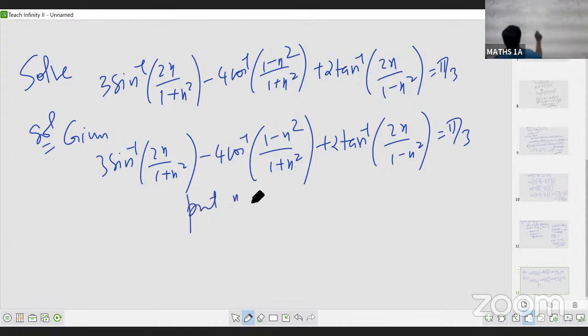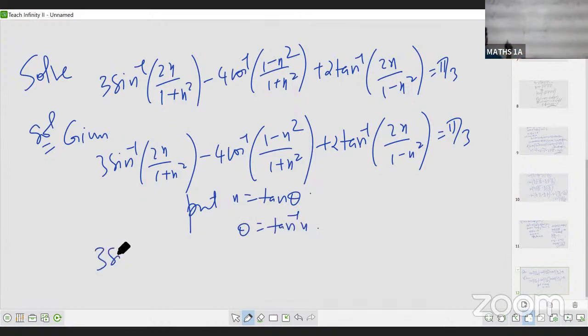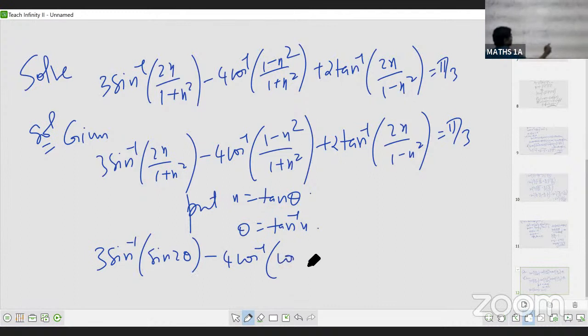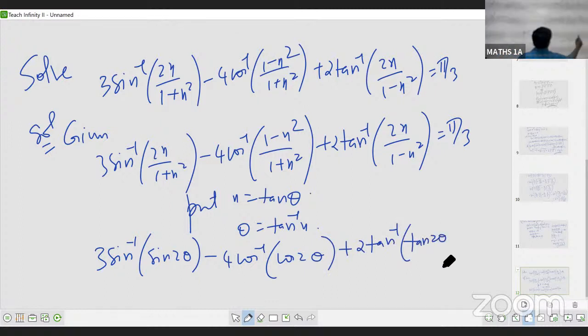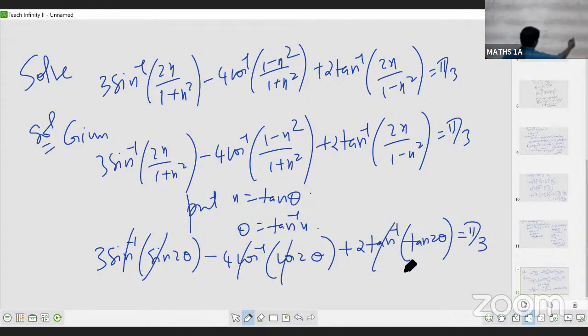Now put x equal to tan theta, and theta is tan inverse x. When you put x equal to tan theta, this becomes sin 2 theta, this becomes cos 2 theta, and this becomes tan 2 theta, equal to pi by 3. Sin inverse sin, cos inverse cos, and tan inverse tan cancel.